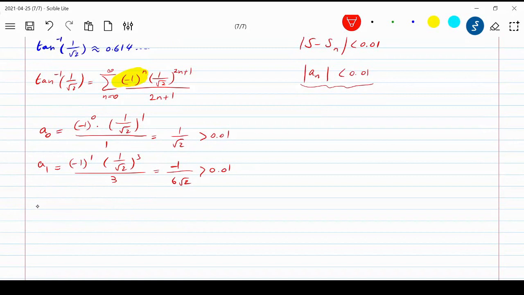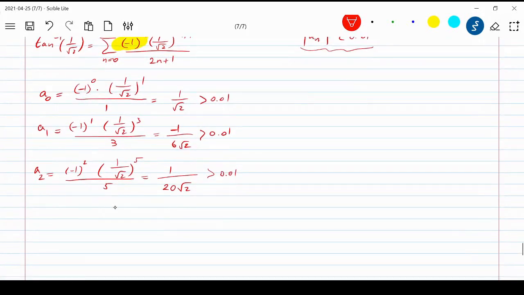This is negative. What is a2? a2 would be (-1)^2, (1 over root 2)^5, divided by 5. And this is 1 over 20 root 2. Still greater than 0.01 because the denominator needs to be greater than 100 to have less than 0.01.